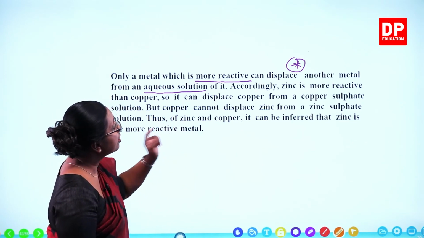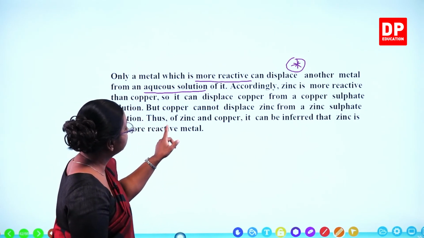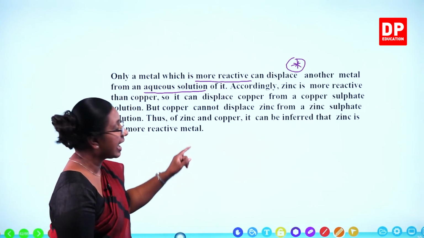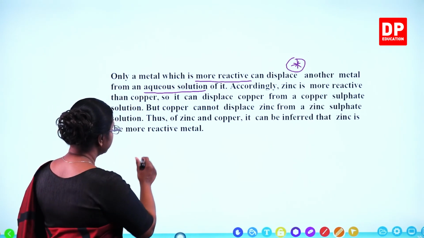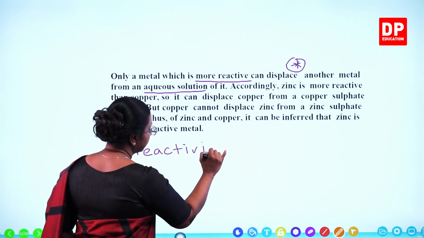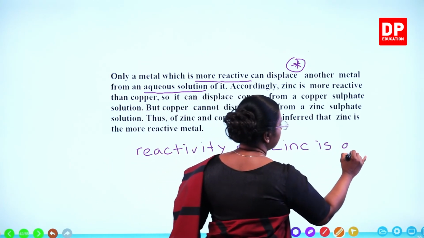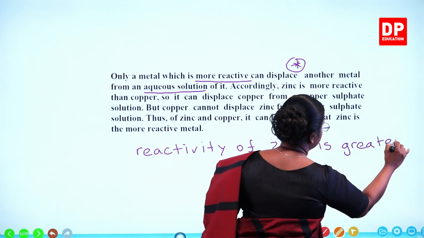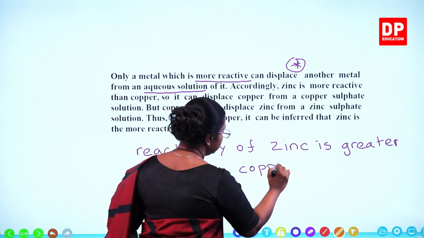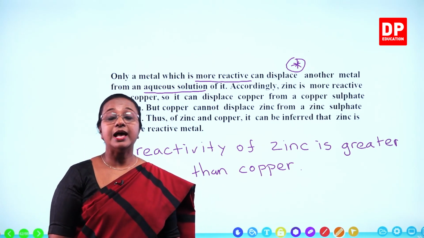But copper cannot displace zinc from a zinc sulfate solution. Thus, of zinc and copper, it can be inferred that zinc is the more reactive metal. So, like I told you, the reactivity of zinc is greater than copper. So that is the conclusion of this particular activity.